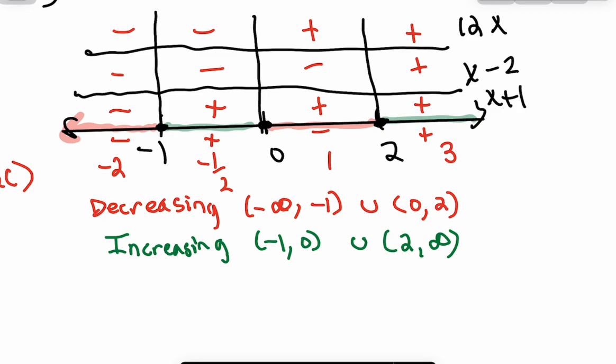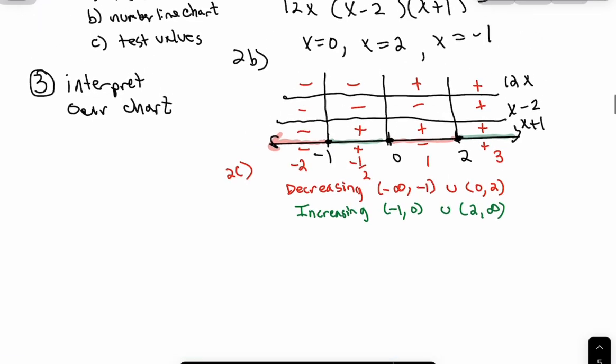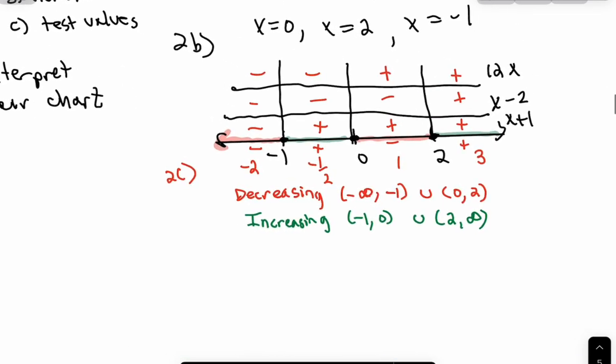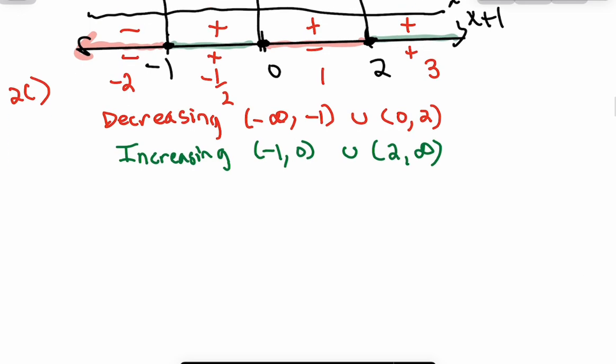Now, we haven't got to it yet, that's coming up in the next little section, but I want to talk about what this tells us as far as a graph goes. So I'm going to draw underneath a very extremely unsophisticated rough sketch of the graph. So don't think this is anything fabulous, okay? Just so that my number line kind of matches it.